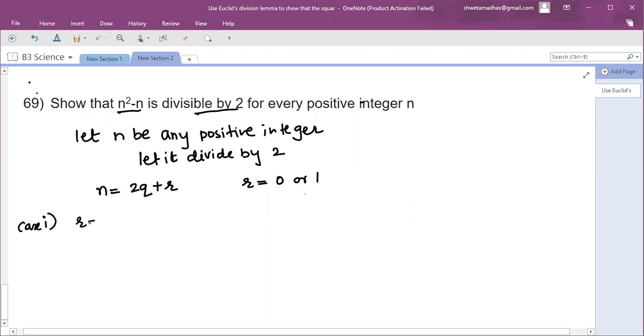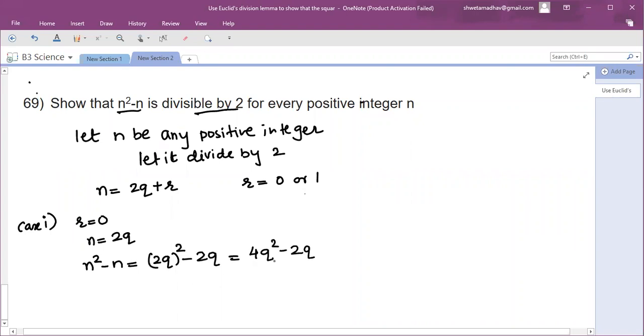When r is equal to 0, what is the value of n? 2q plus 0 is 2q. If n is 2q, then what is the value of n square minus n? 2q whole square minus 2q, which simplifies to 4q square minus 2q.